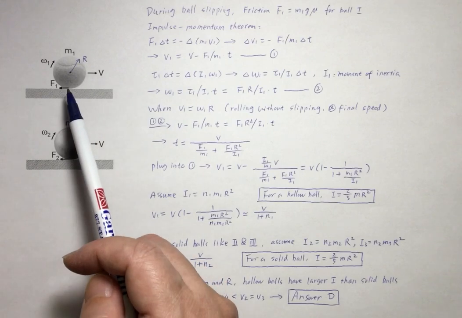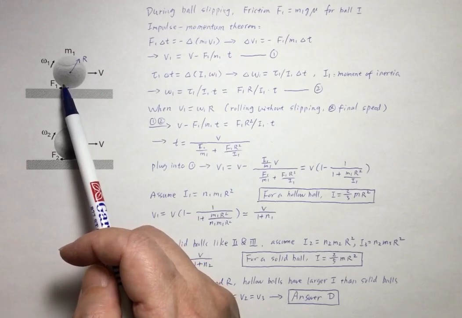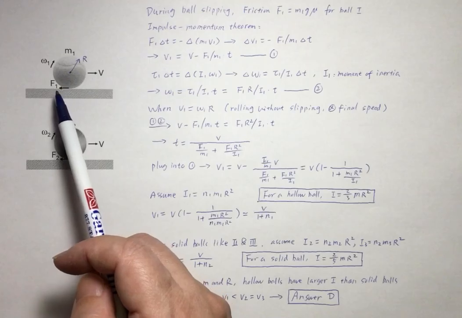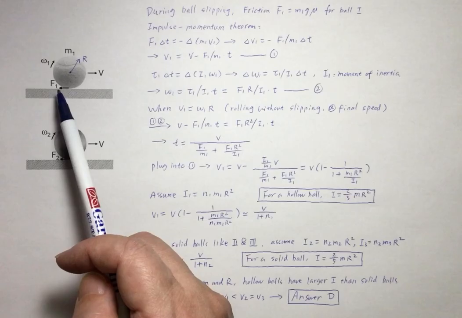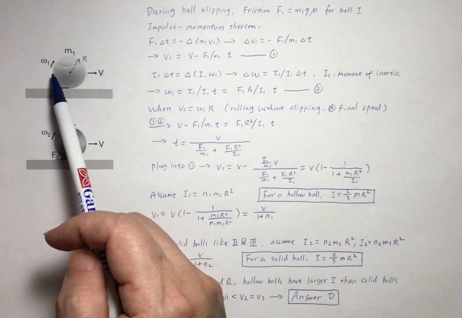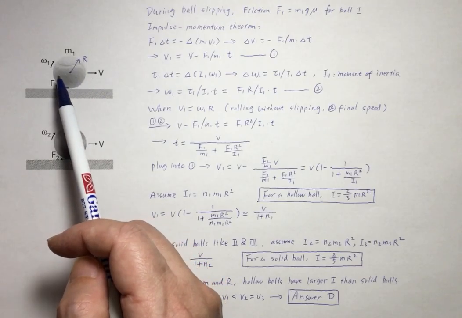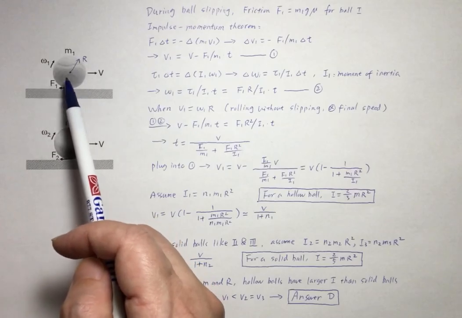For the tennis ball, we can treat it as a hollow sphere because a tennis ball has a very thin shell of rubber, so most of the mass is on the shell of the tennis ball.